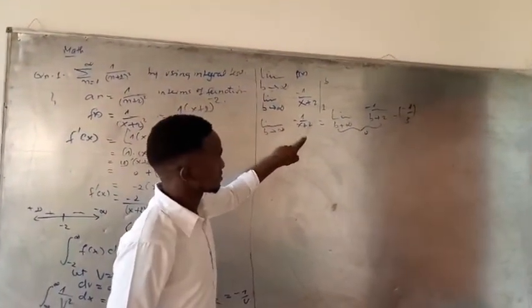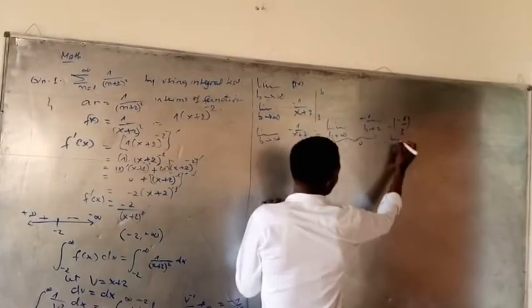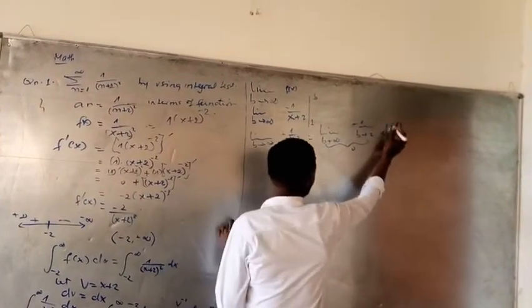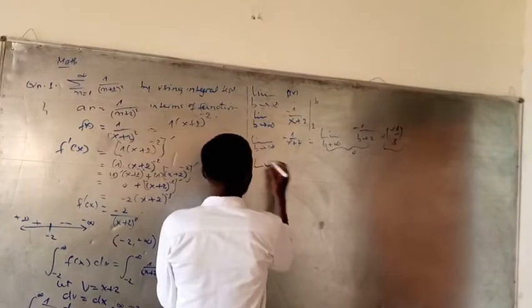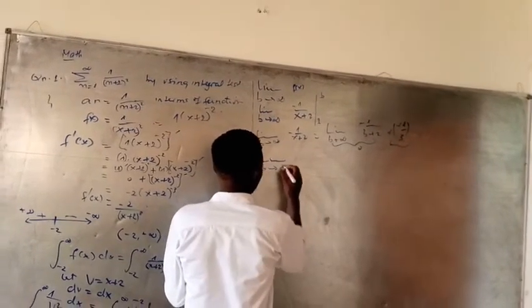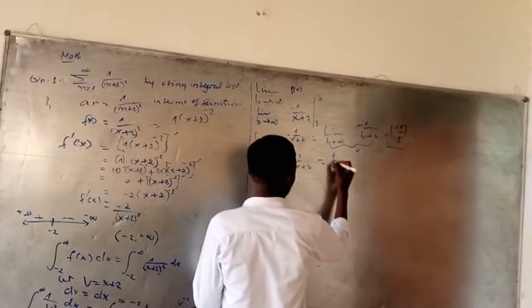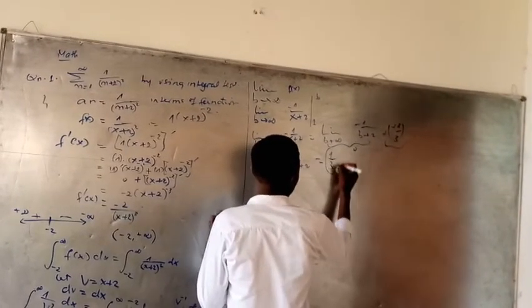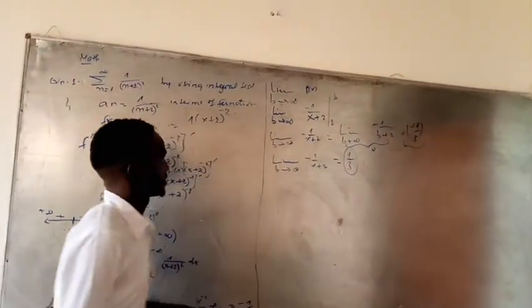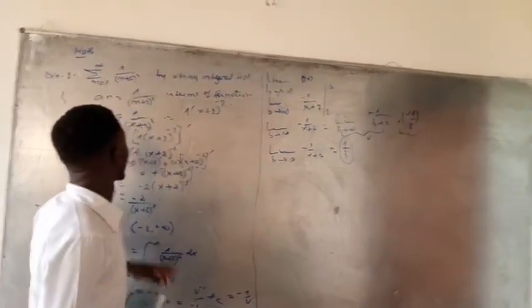Minus times minus will be equal to positive. Then the limit as b approaches infinity will be equal to 1 over 3. This is the general solution of this one.